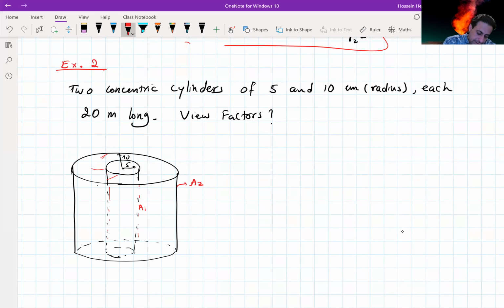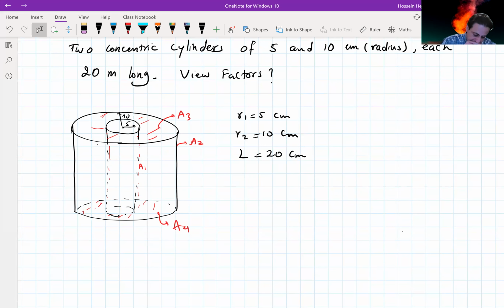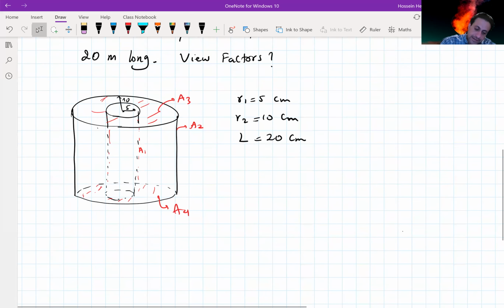There are two other surfaces at the top and bottom of these concentric surfaces. Let's call this one A3 and this one A4, and let's find the view factors for them. So R1 is 5 centimeters, R2 is 10 centimeters, L is 20 centimeters.